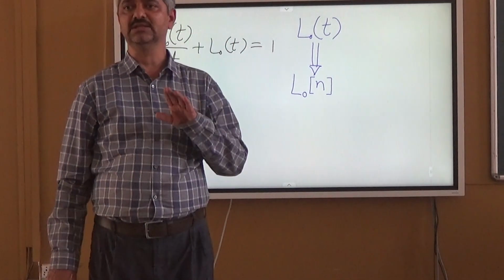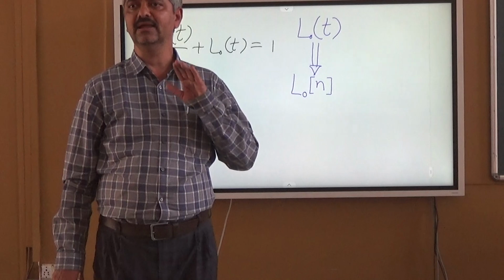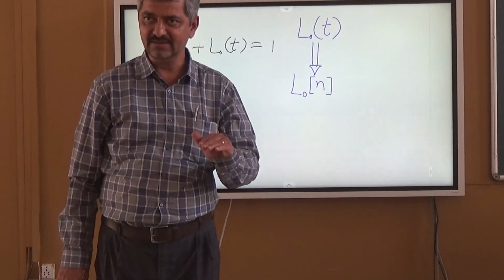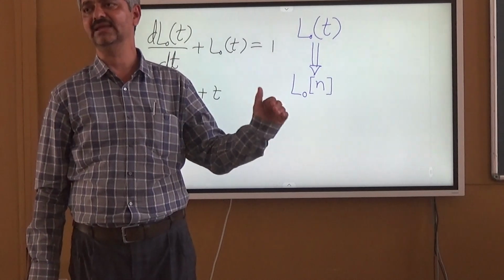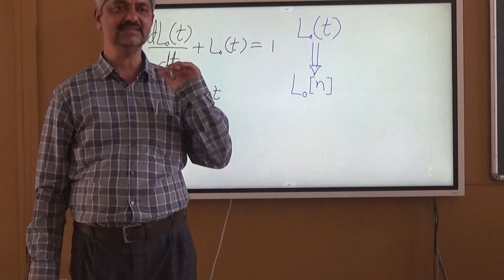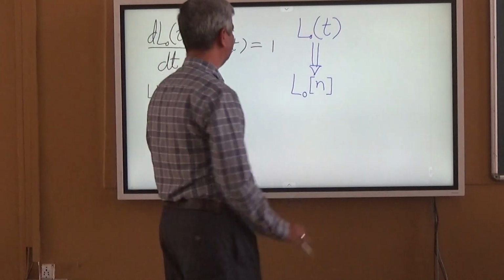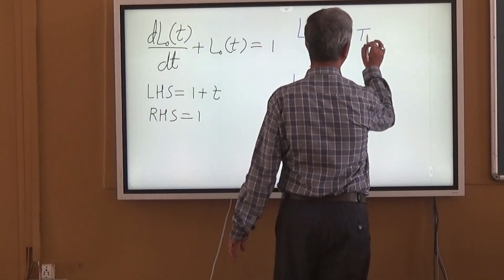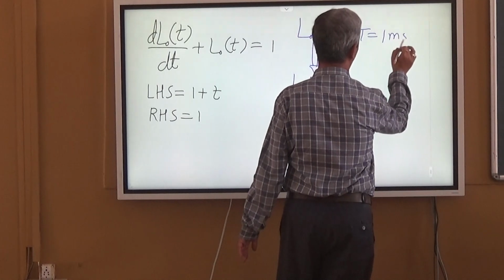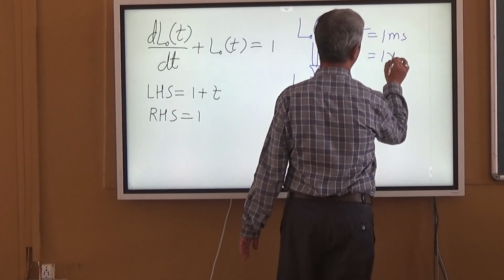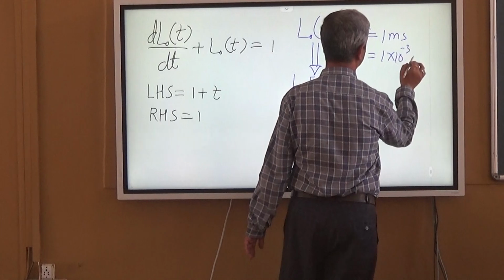That is the water level in the right hand side tank at the nth sample, where every sample is taken at capital T equal to 1 millisecond or 1 into 10 raised to minus 3 seconds.